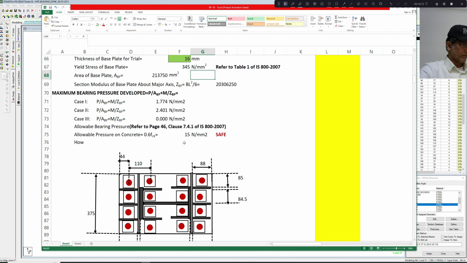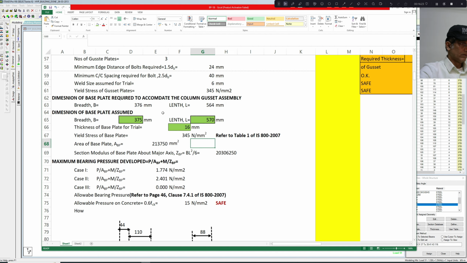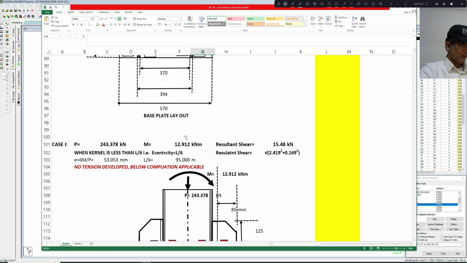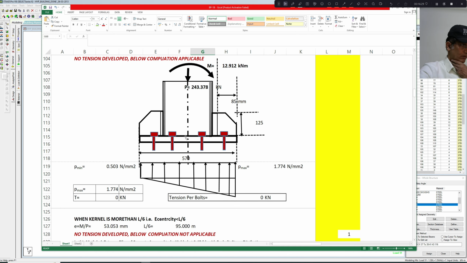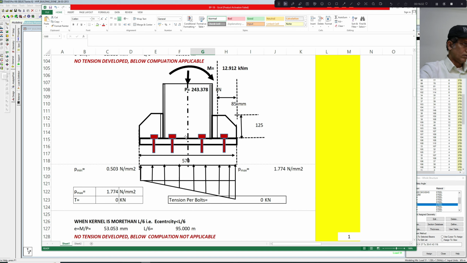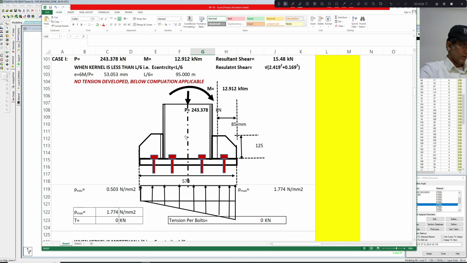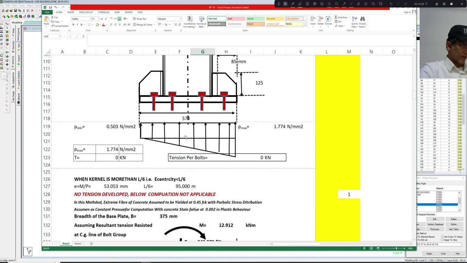So our maximum stress is 1.774 Newton per millimeter square. So this is the maximum axial force case.